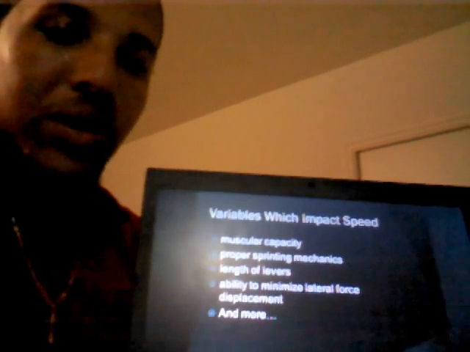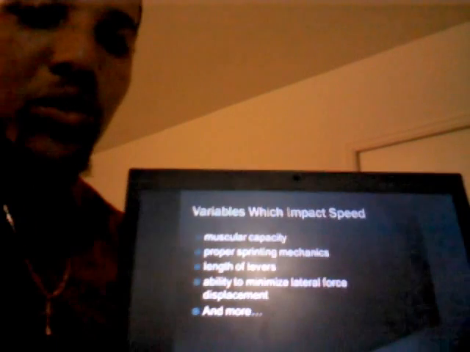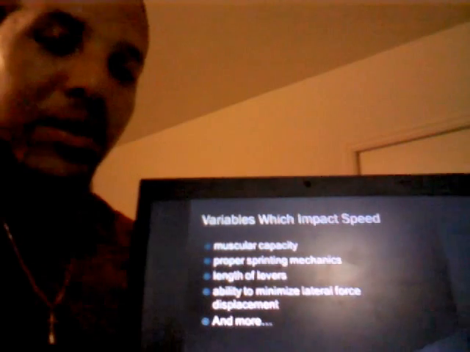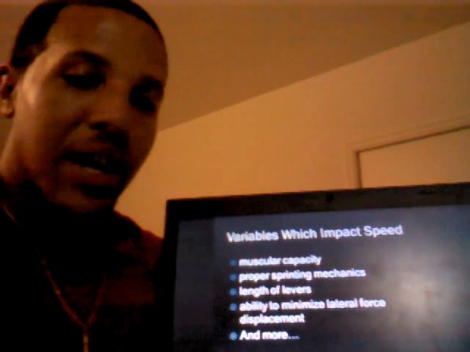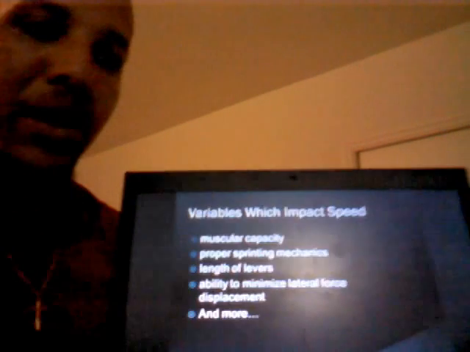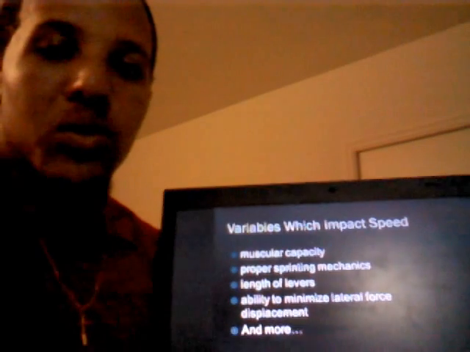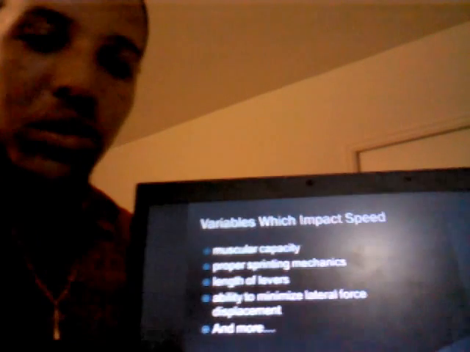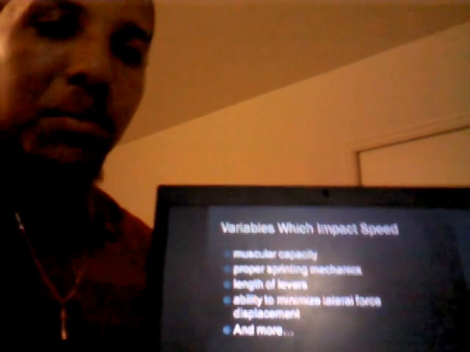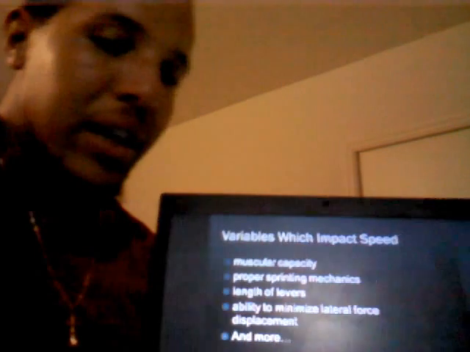Now, when we're talking about speed, it is important to note that there are a lot of variables which influence a person's ability to run very fast. Some of these variables may include muscle capacity. It might be biomechanically related.